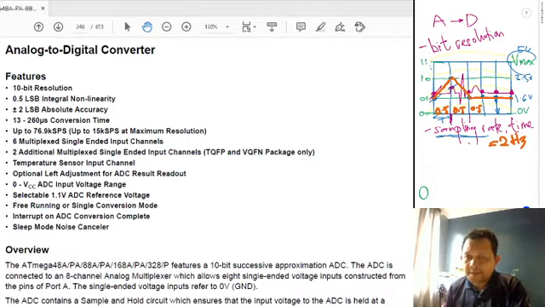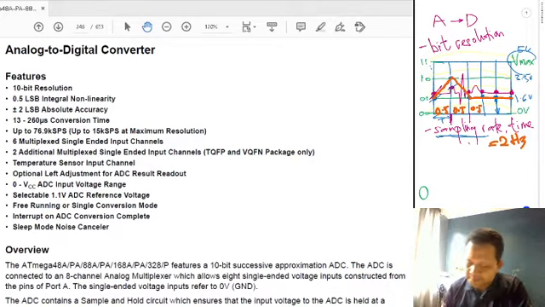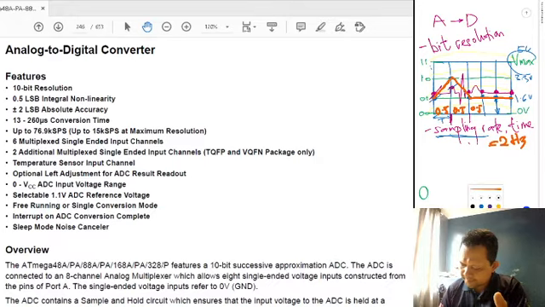Right. So again, how to calculate the number of quantization levels is based on how many bits. Let's say an 8-bit. If your ADC is 8-bit, then it would be 2 to the power of 8.